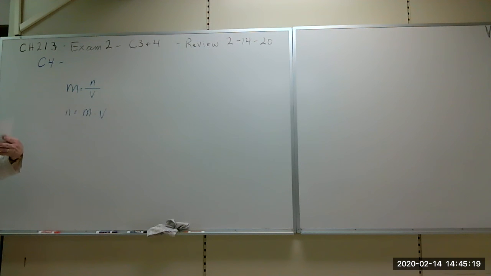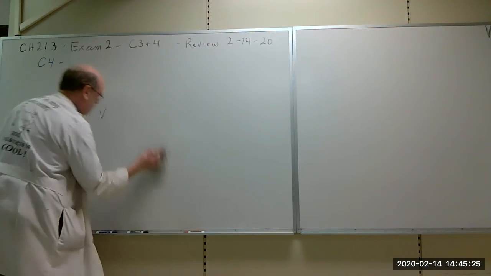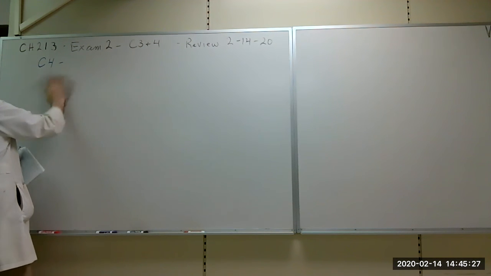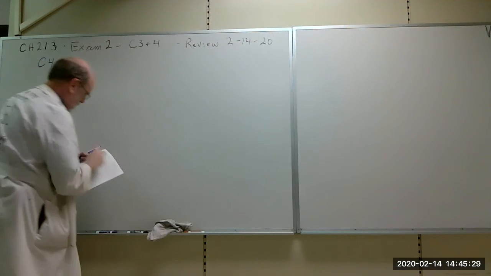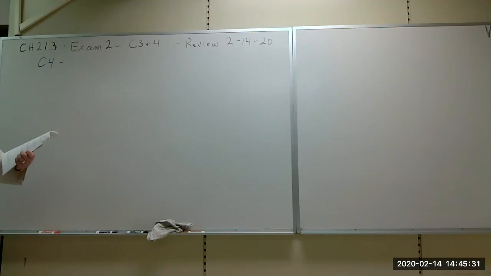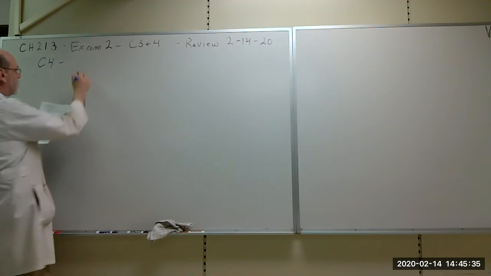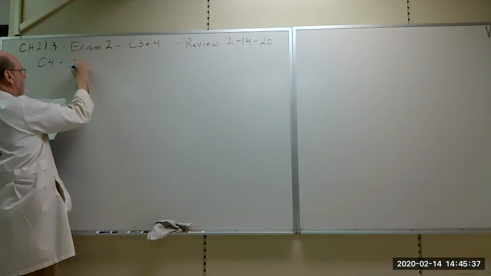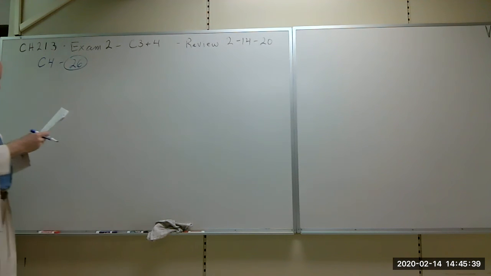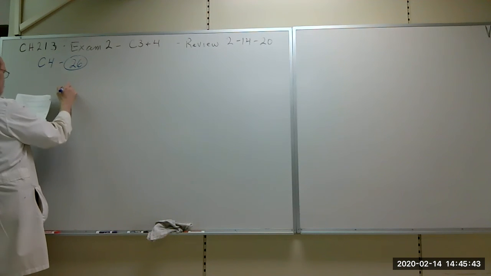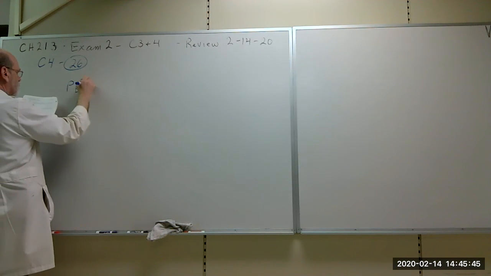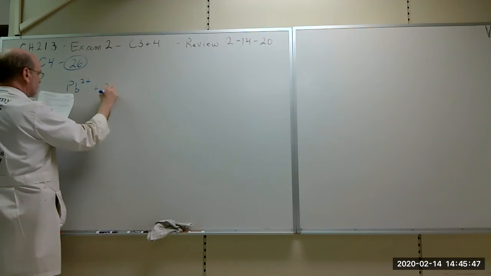Let's see. Oh, classifying reactions. We didn't spend a lot of time on that. What number? Let's see, where do they start? They start about number 26. So these are the reactions in number 26.